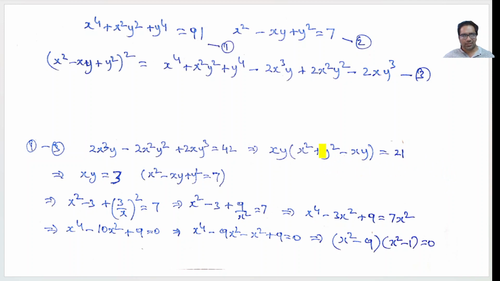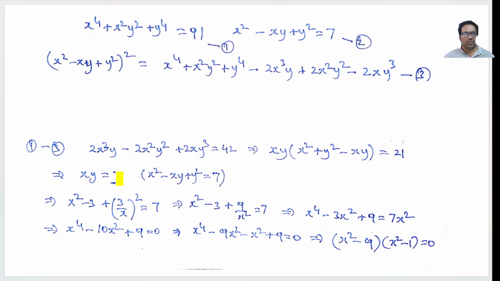The 2 is removed because we divided both sides by 2. Now, this x square plus y square minus xy is the same as x square minus xy plus y square in the second equation, so this is equal to 7. So xy times 7 equals 21. That means xy equals 3.